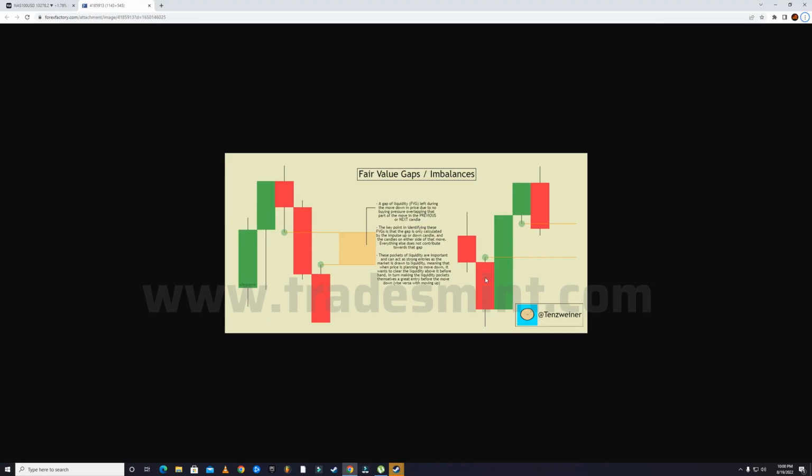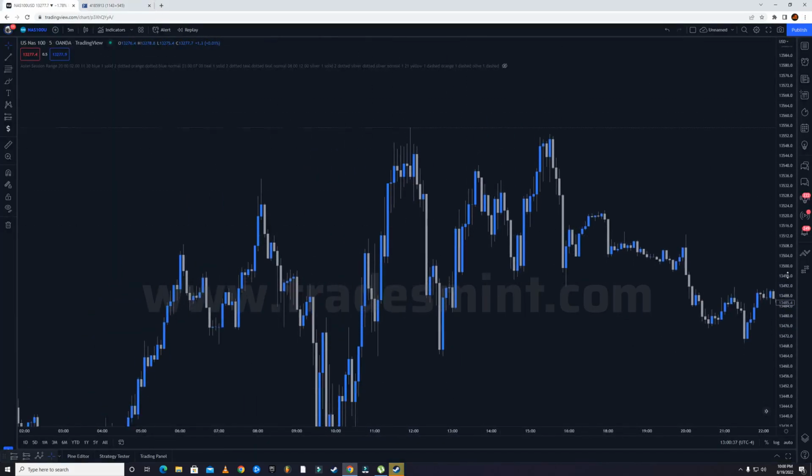The high of the first candle and the low of the third candle, we have to look for these two things. If there's any space between the first candle and the third candle, then that space should be considered as fair value gap. All right, so let me give you some examples.